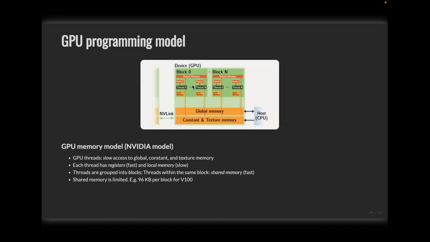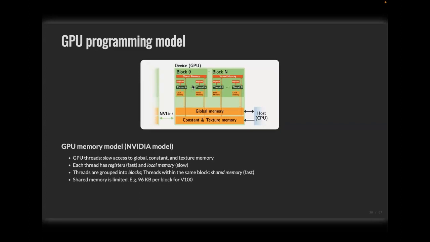The other thing is that there is a maximum number of threads that you can use within a block, but there's effectively no limit on the number of blocks that you can use. So you can have millions of blocks, but you can only have up to 1,024 threads per block.